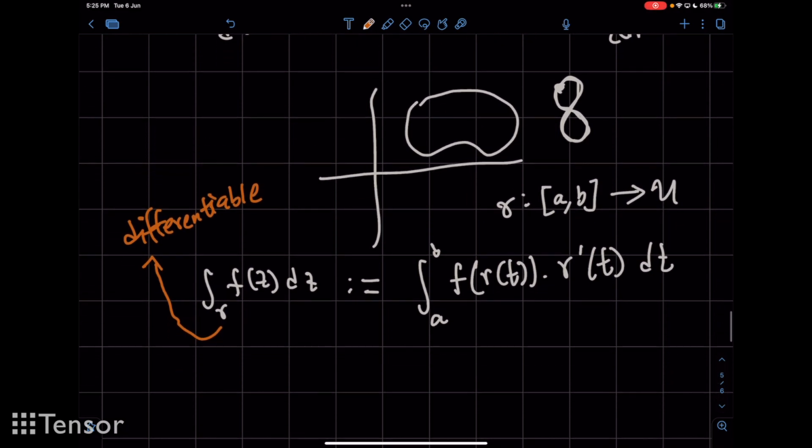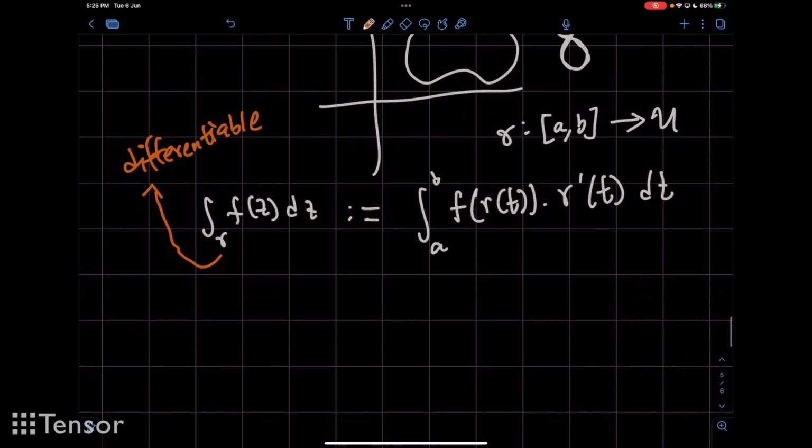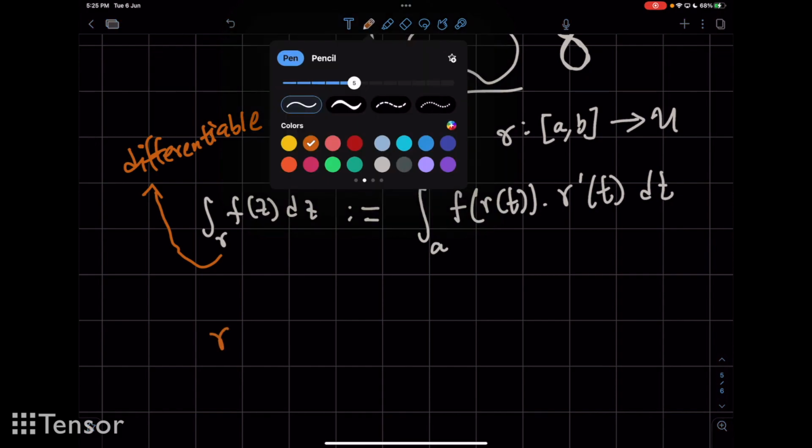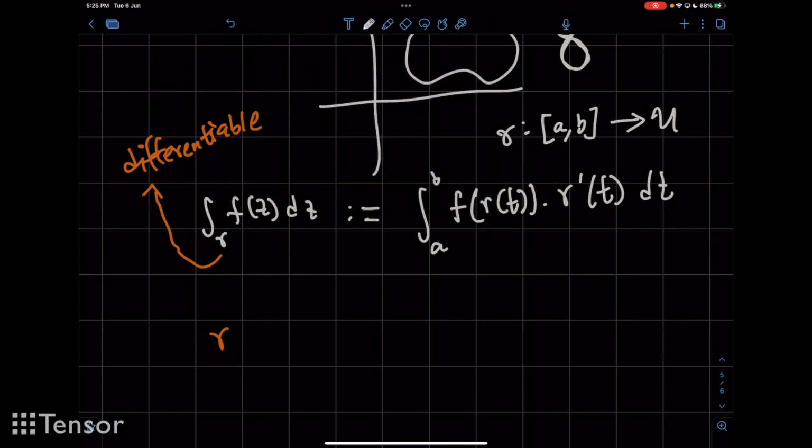Okay, and I think I need to clarify one thing a little bit. Gamma takes real inputs because it's a map from an interval to an open set in the complex plane. So gamma takes real inputs, but it gives out complex outputs.